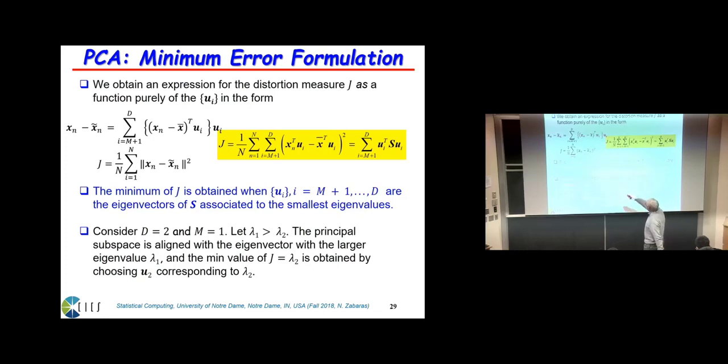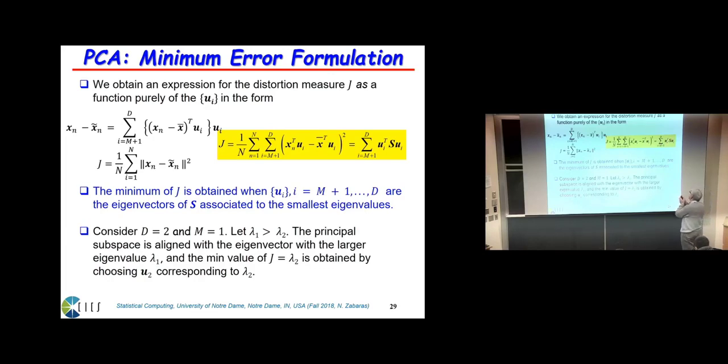So take this and plug it inside the summation, and what you get is the summation of 1 over N over the data points, over the dimensions beyond the subspace dimensions from M plus 1 to D, of this square, and it comes out that this gives you u_i transpose S u_i.